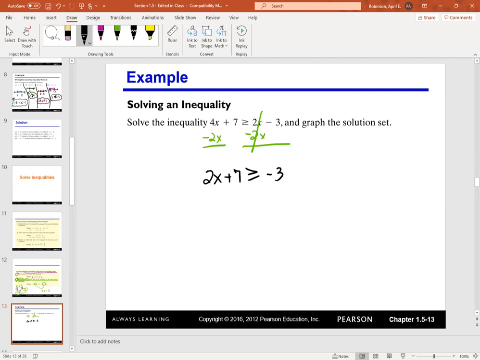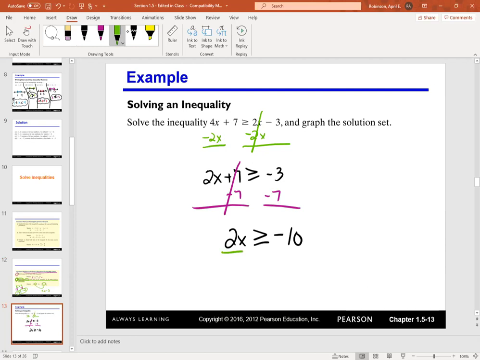My next step would be to subtract 7. Now, adding or subtracting with a negative doesn't mess up the inequality. It's only multiplying or dividing. So that cancels there. I'm still going to keep the greater than or equal to sign. And then -3 minus 7 is -10.